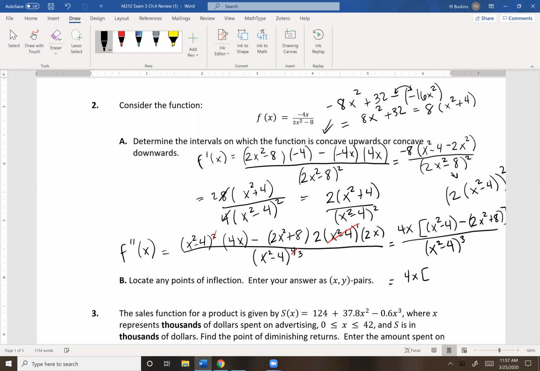And then I'm just going to take a negative out here. All right. So that's about as simplified as I can make it. And yes, unfortunately, that is pretty much required in order to solve the problem.